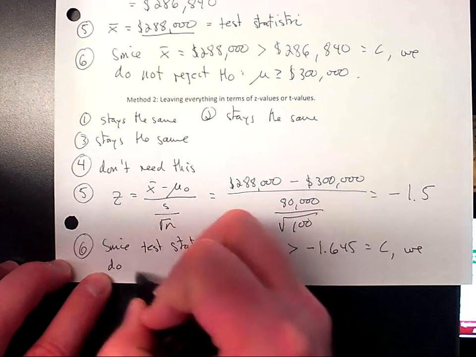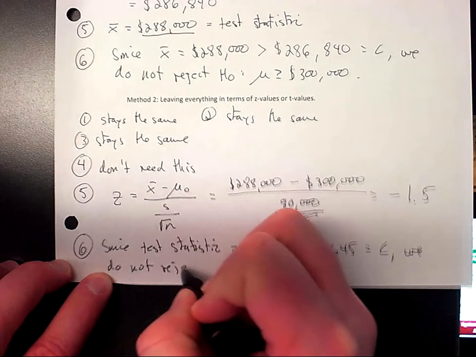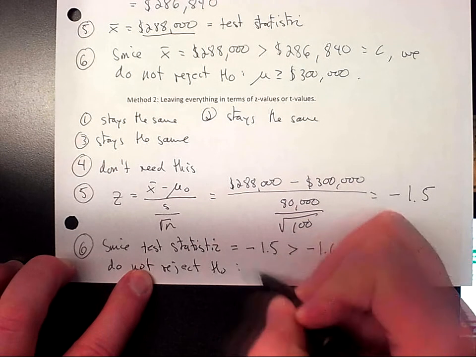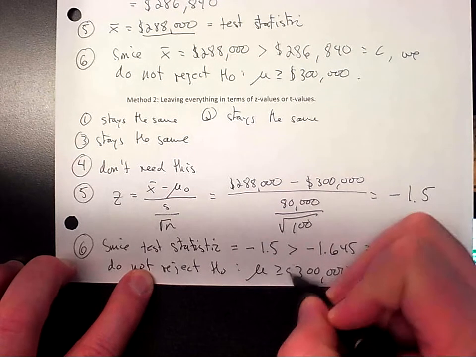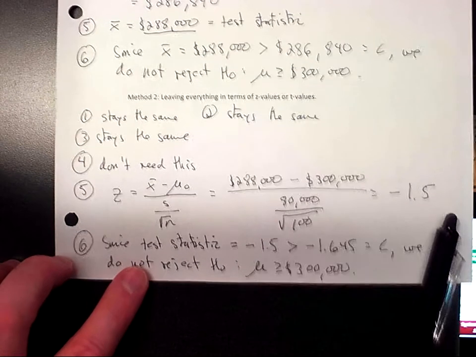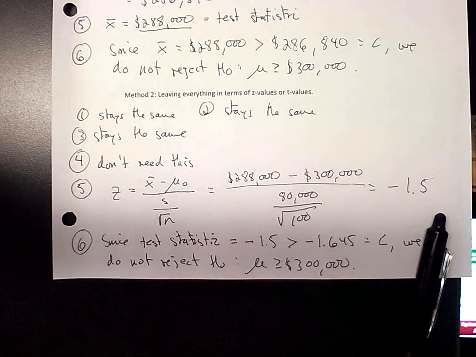Therefore, we do not reject the null hypothesis that mu is greater than or equal to 300,000 dollars. Yep, everybody good with this?